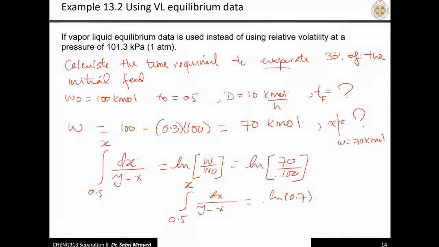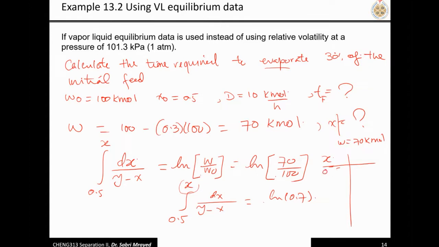Now, I have an equation here. The only unknown I have is x. So what I will do is start with a guess for x.